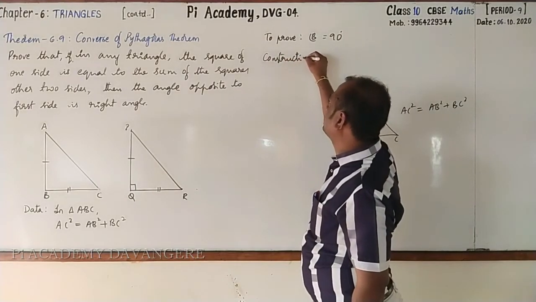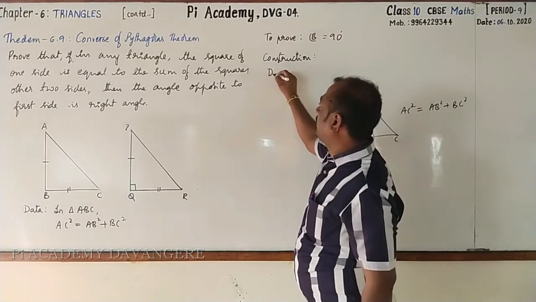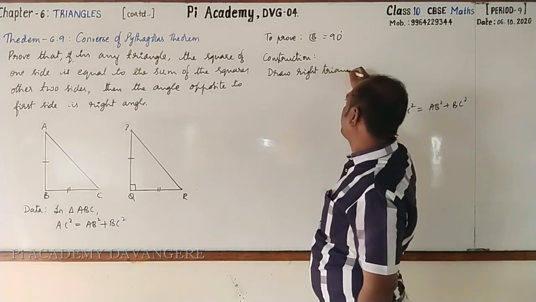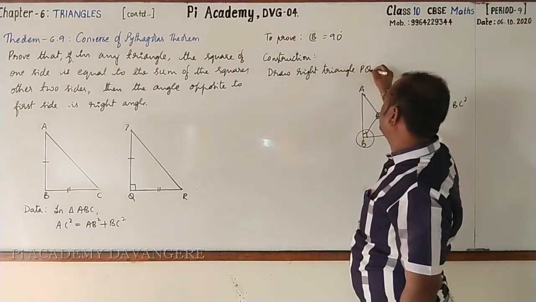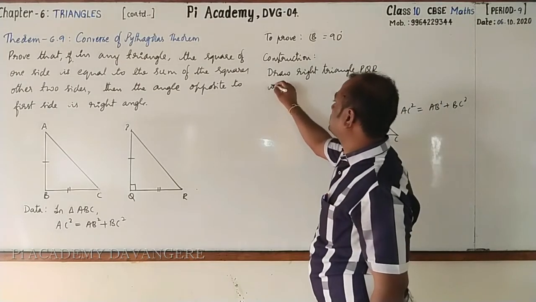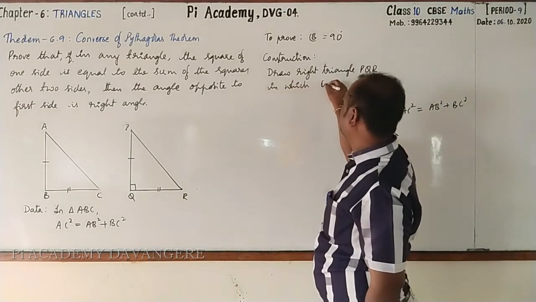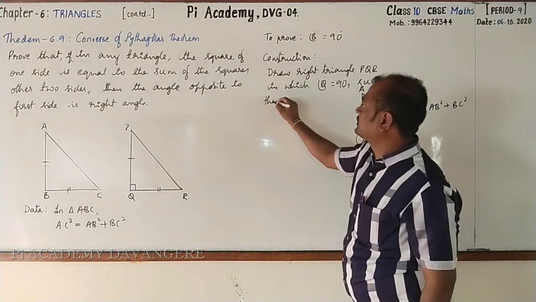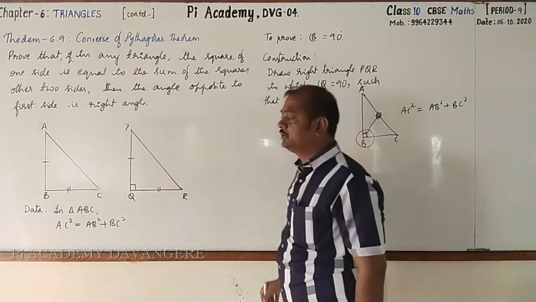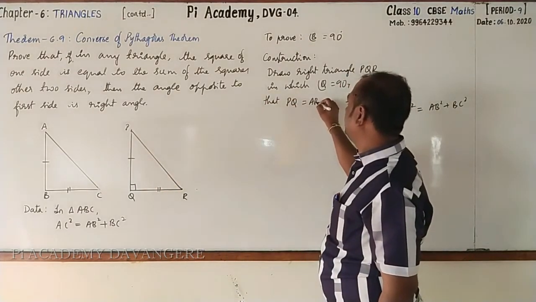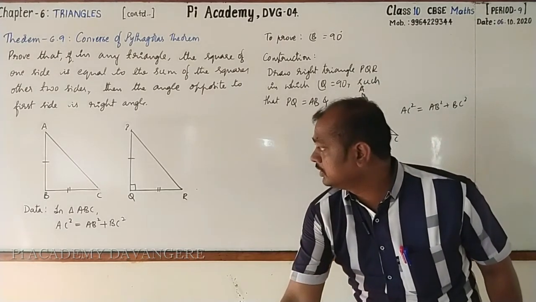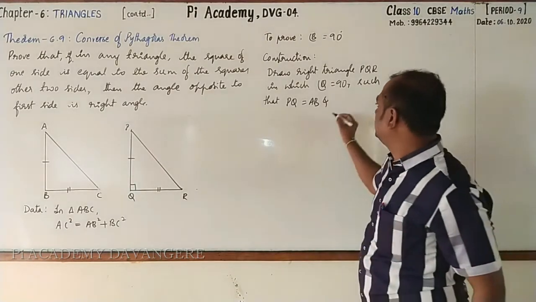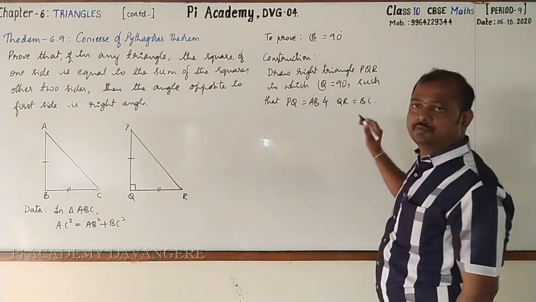You may write with me. Construction: draw right triangle PQR, in which angle Q is 90 degree, such that PQ equal to AB, and another one, QR equal to BC. Written up.